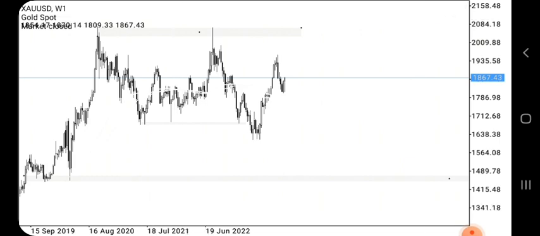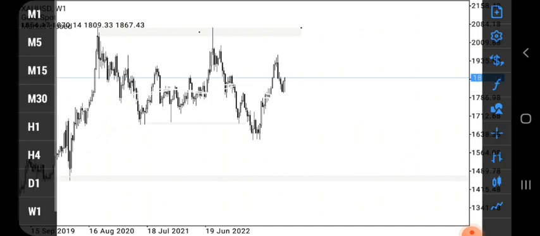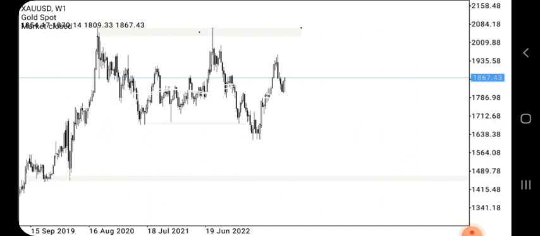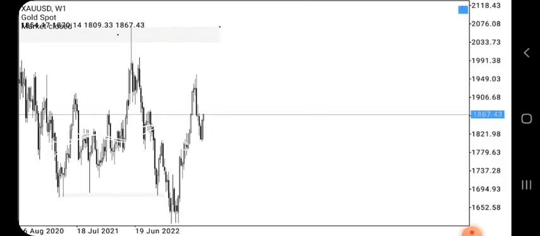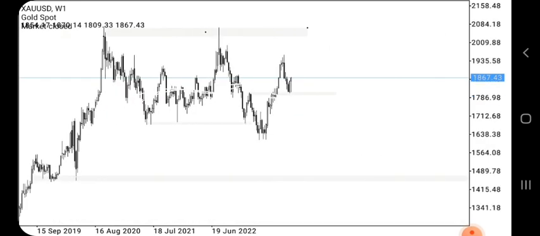Now let me show you the demands that we had on the weekly time frame. On this point we had this demand here. As the market made the breakout of it, this supply has failed.